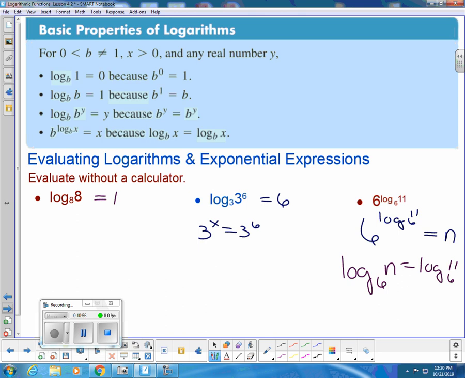They're the same on both sides. So n has to equal 11. Right? So those are log properties. Now, whether you memorize them or just write them exponentially and follow the rule, you're good to go. Okay? Good?